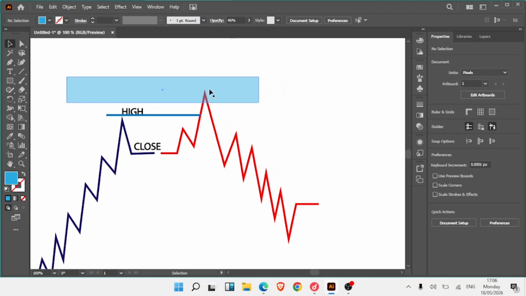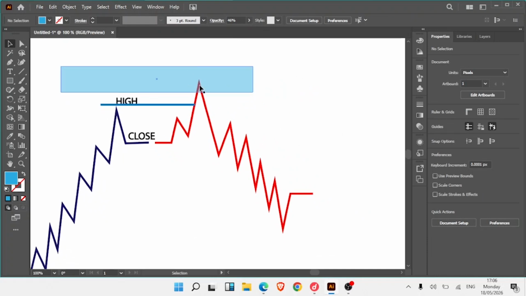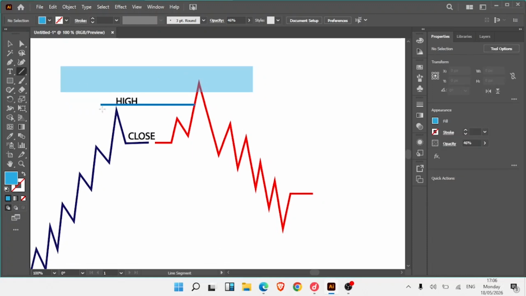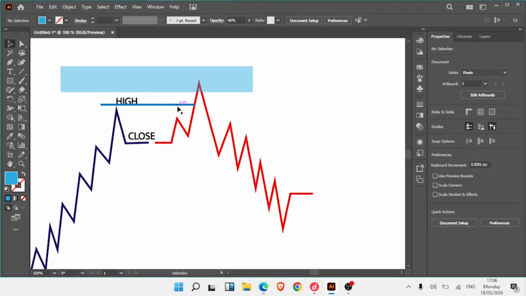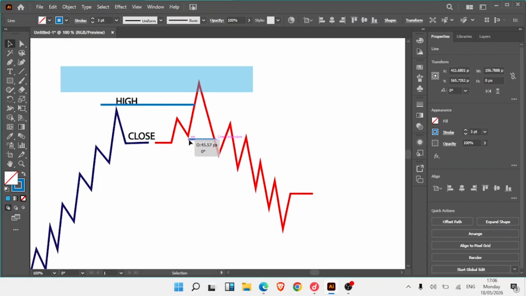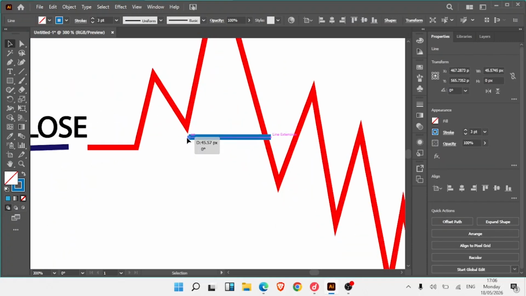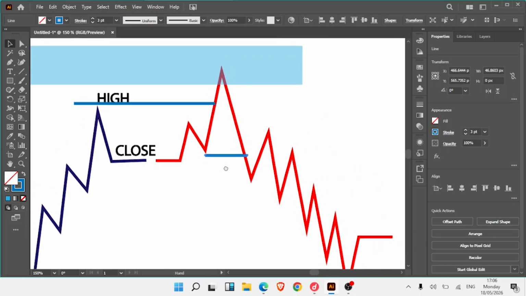So this becomes your second confluence that price may change direction, and then it gives you a break of structure, or a market structure shift, right here. You can see this swing low, so a market structure shift right there.